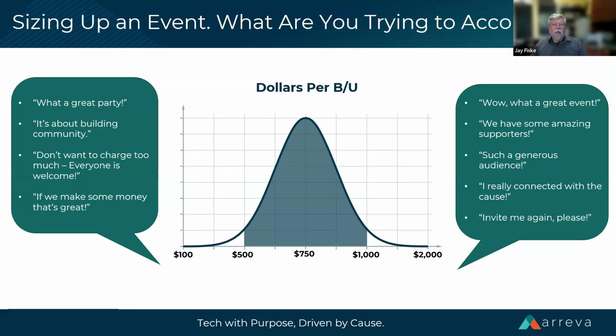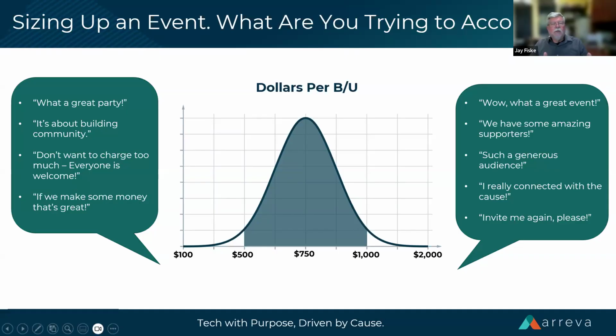And if you're way below it, it means you're not giving people enough opportunity, whether it's in-room games, raffle, raise the paddle, wine pull, live auction, silent auction, or something else. You're not giving those buying units enough reason to give you the money. So if you're down at the low end of the buying curve, think about what opportunities we are presenting to our audience to give us the money. Are we giving them enough reasons?